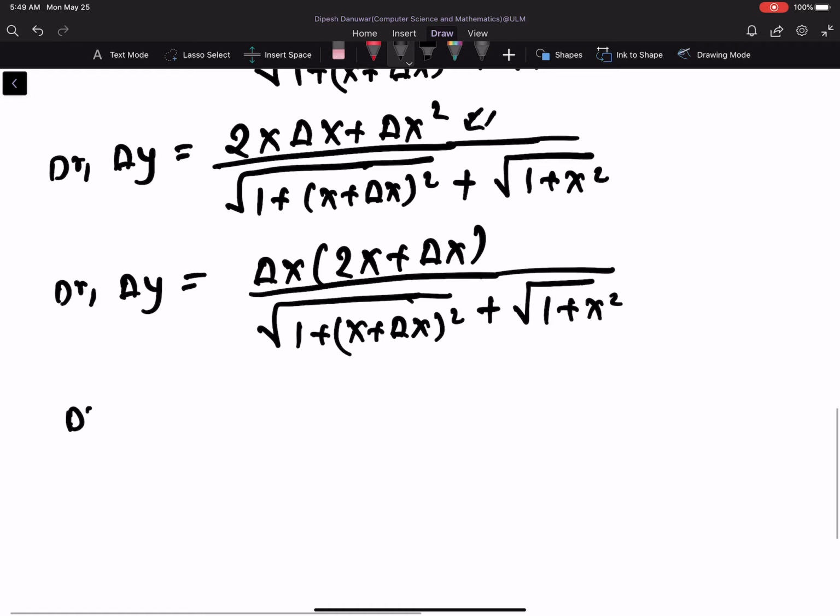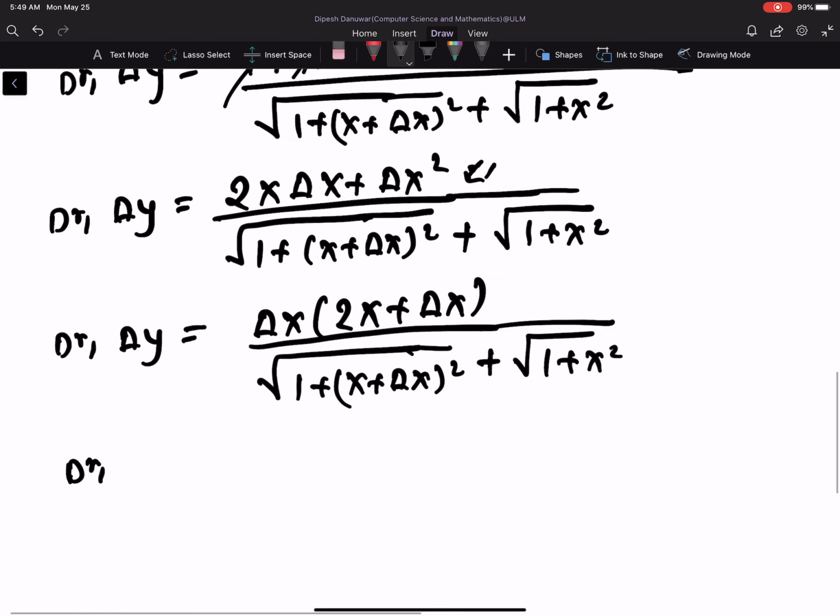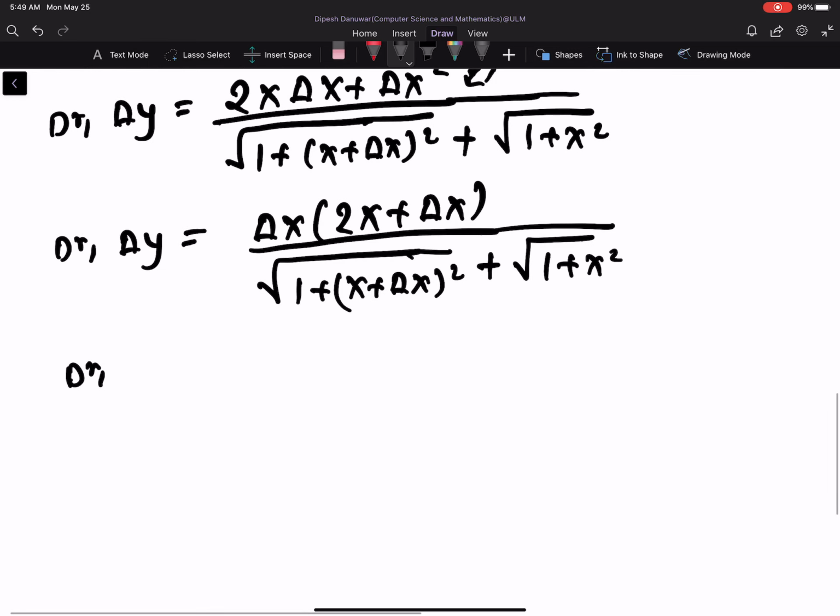So now you have to divide. Look here, as I mentioned before, that should be in the form of delta y by delta x.